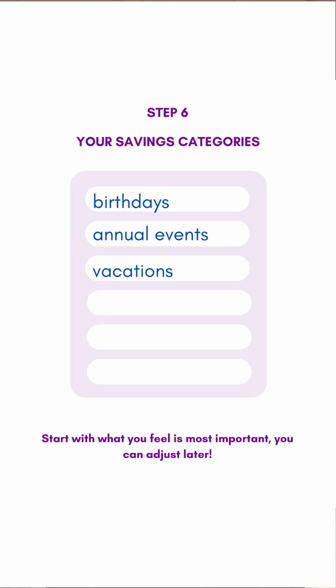But for now, unless there is something that I'm not mentioning that really has to be saved for, you'll see in the workbook page for this step these 3 savings categories in a small list, and you can use them exactly as they are, or if you do have 1 or 2 things that you must put on there, simply add them underneath the list of 3 that I've given you.